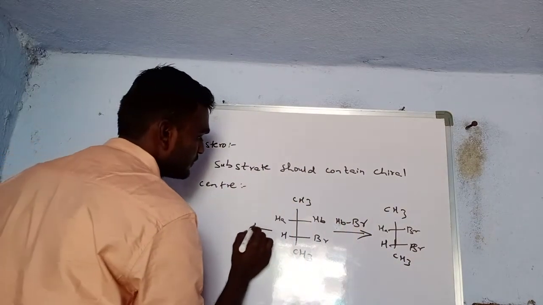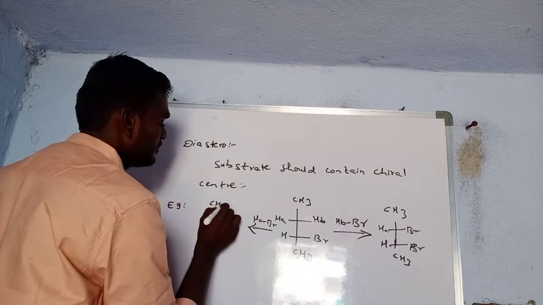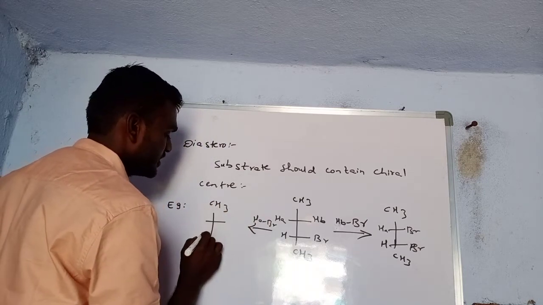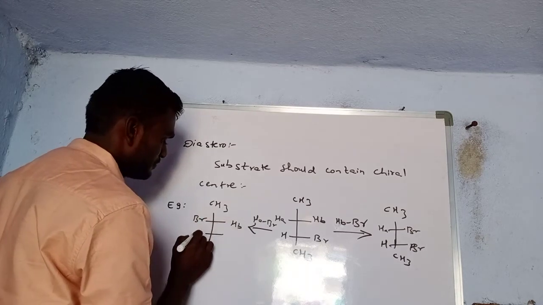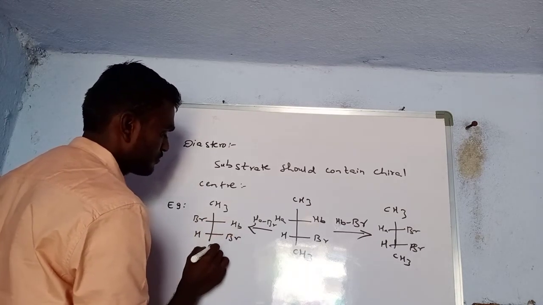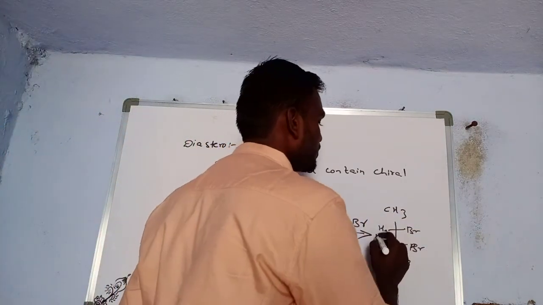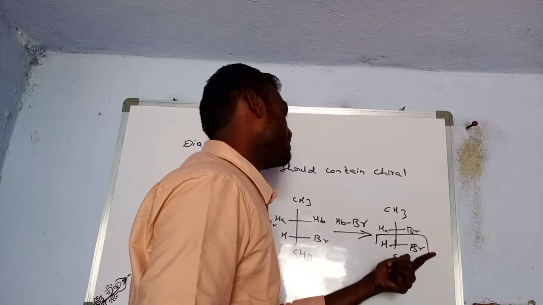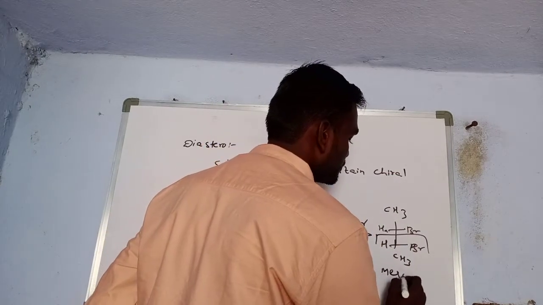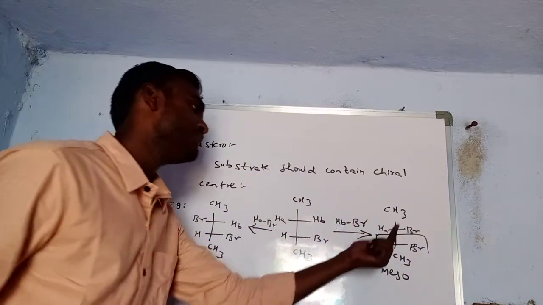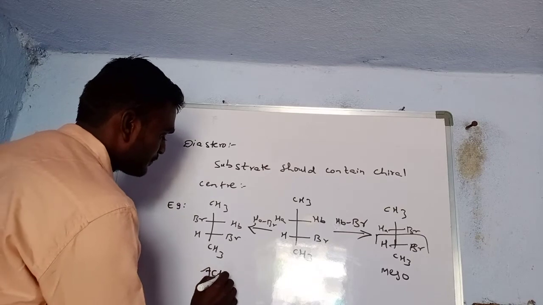For this molecule, if we replace Ha with a bromine atom, this molecule is a meso compound. Why? Because there is a plane of symmetry, so it is a meso compound, and a meso compound is optically inactive due to internal compensation, and this is the active form.